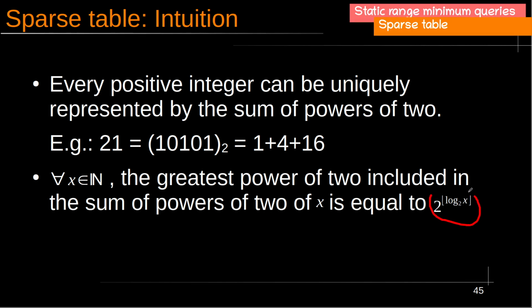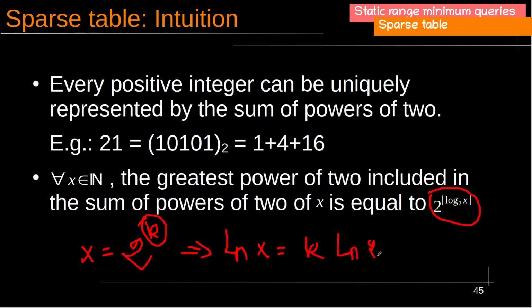How did we find this? If we take x as a power of 2, let's call it 2 power k, we can compute this k, which is the greatest power of 2 in the sum. The natural logarithm of x is equal to k times the natural logarithm of 2.